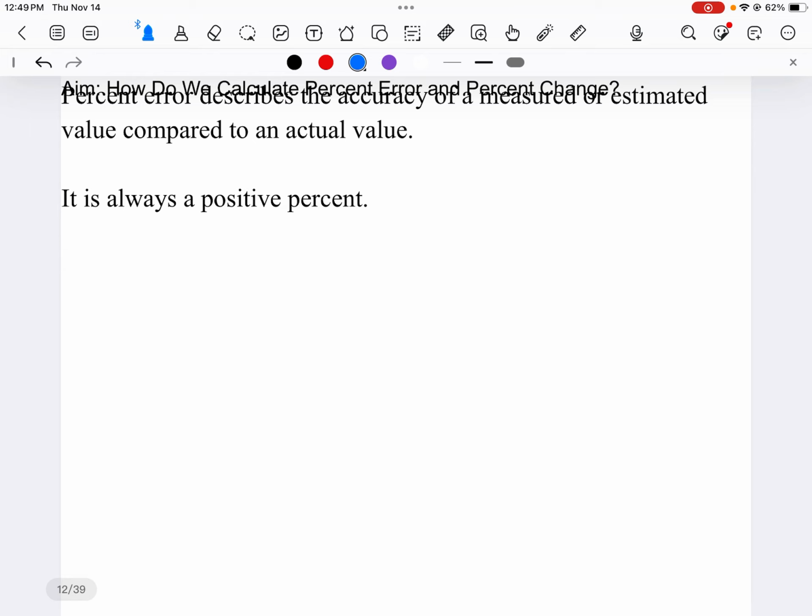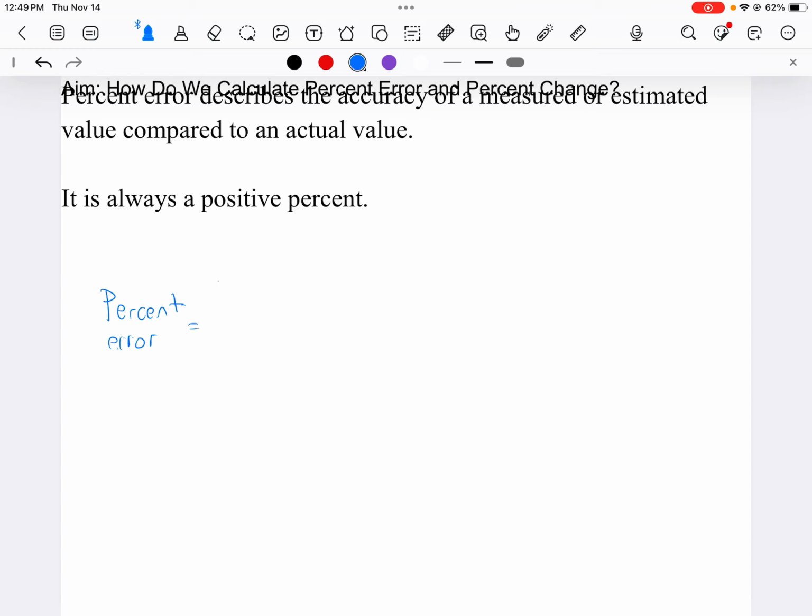Percent error describes the accuracy of a measured or estimated value compared to an actual value. Percent error will always be a positive percent. Another formula to know, very similar, but just using different words, is for percent error.